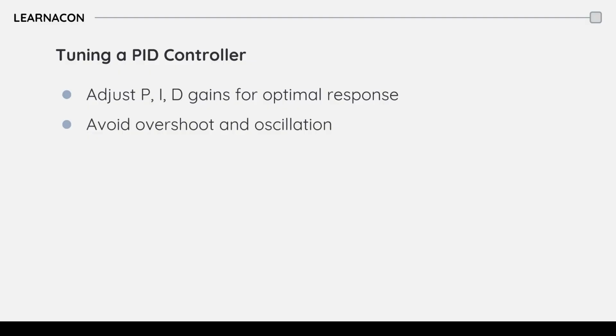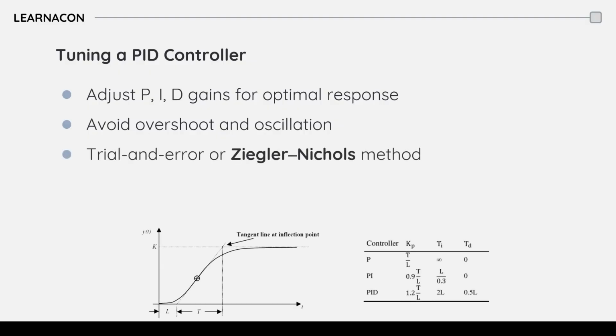You can do this either manually or using proven methods like Ziegler-Nichols. Tuning is where the magic happens. Adjusting the gains is like seasoning a dish. Too much or too little can ruin the flavor. The goal? Fast, accurate, and stable response.